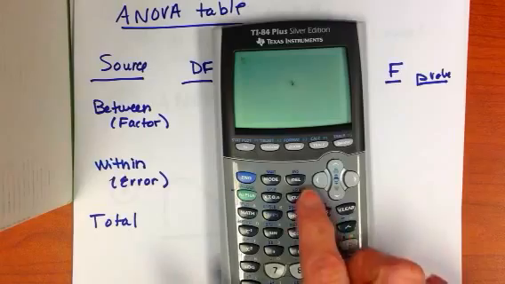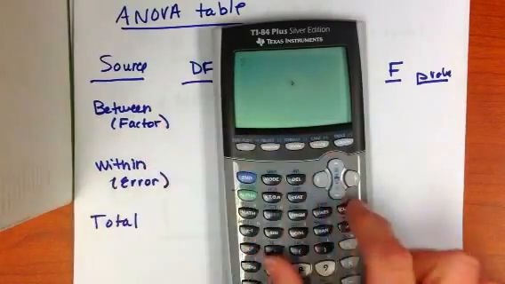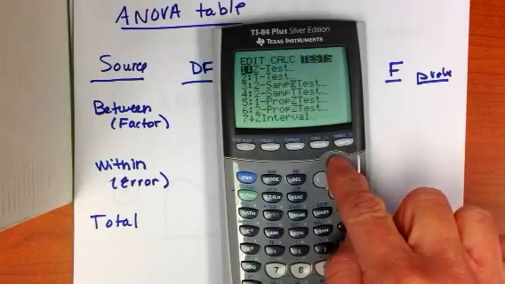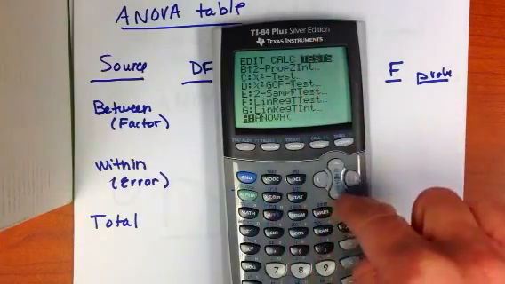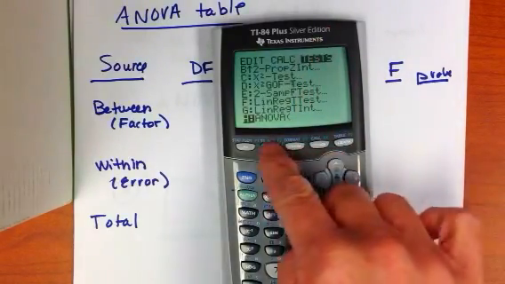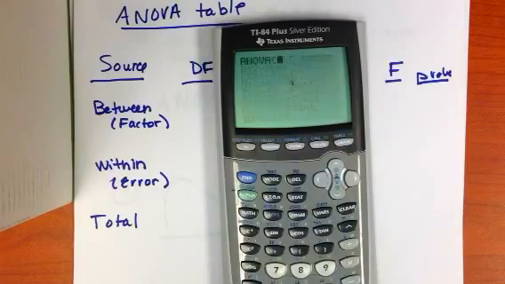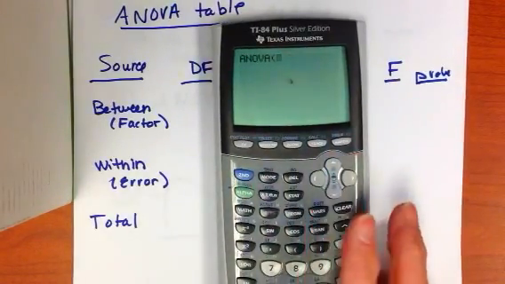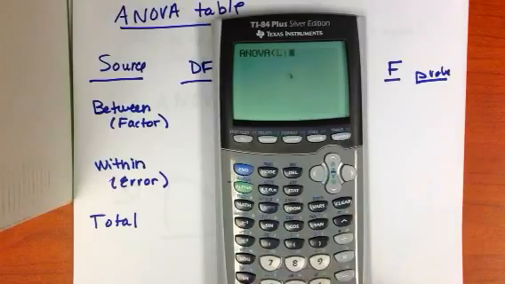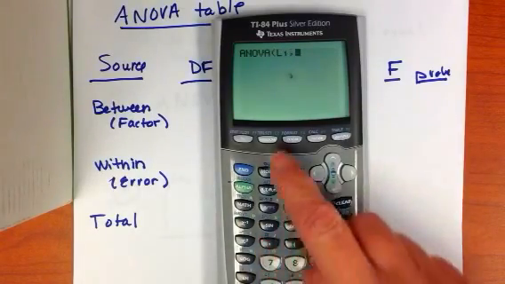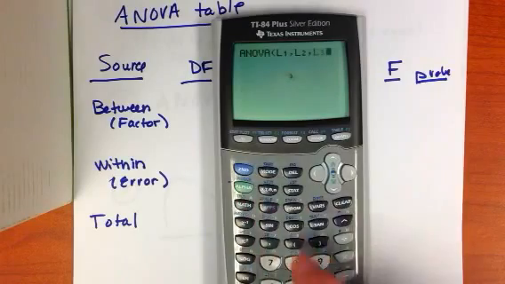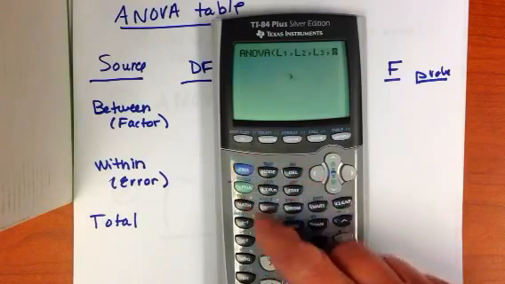Now, once you have the data in, we're going to create our ANOVA table. So we're going to go Stat, over to Test, just like we have done before. You can either scroll up or down. I kind of go up because it's the last one that says ANOVA. Okay, now on your other calculators, you have to put in which lists. So I'm going to type L1, comma, L2, comma, L3, comma, and L4.